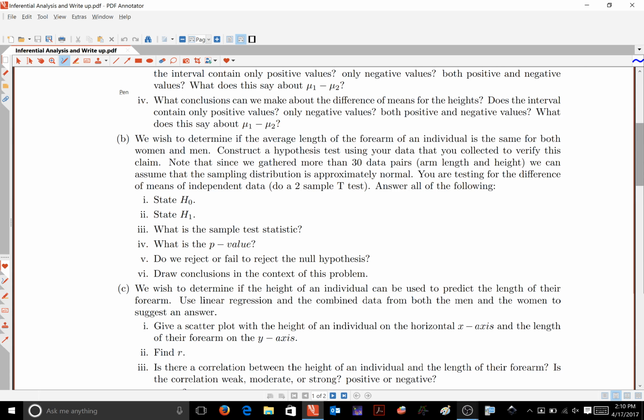That's part B, the average length of the forearm. Then part C is the average height of an individual, but we're going to do the average height of the individual using linear regression. So height and forearm for confidence intervals, length of the forearm for the hypothesis test, height of the individuals for linear regression.